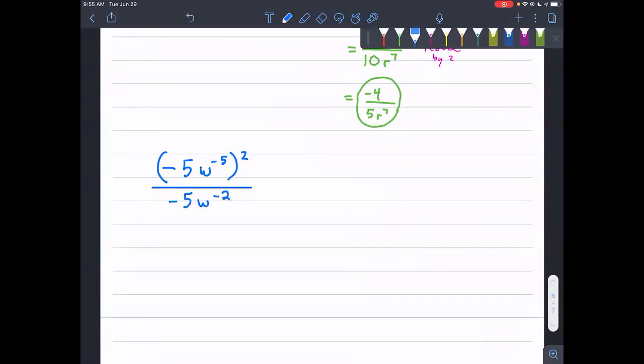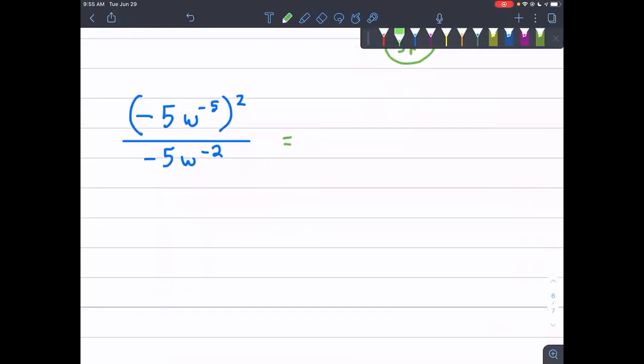Okay, doing roughly the same thing. Still exponential level 2. So you might put a 1 next to the 5, just so you know which exponent it is.